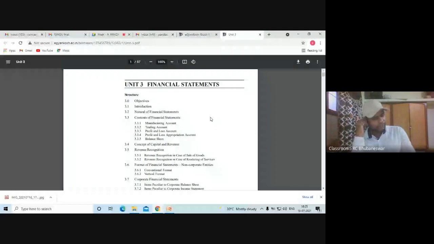Next, in the profit and loss account, all the indirect part will be taken into account. Indirect expenses and indirect incomes will be taken into account, and the net profit and net loss will be found out. And in the trading account, we will find the end result as gross profit and gross loss. Then this gross profit and gross loss will be carried forward to the profit and loss account.